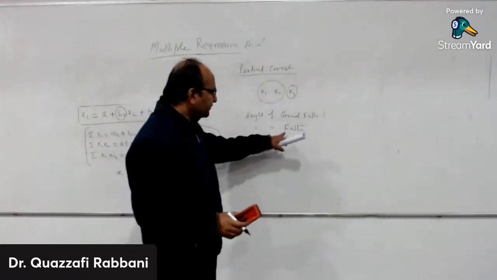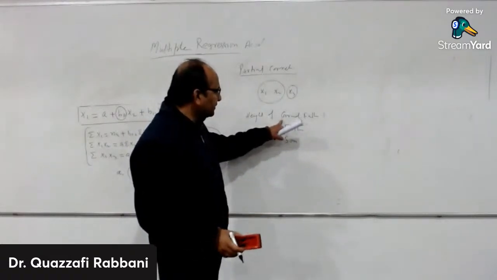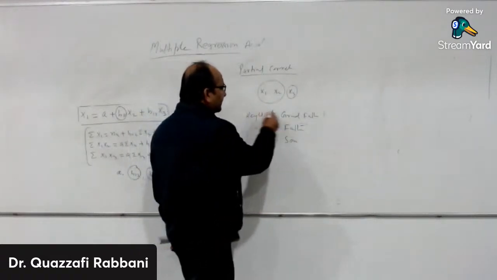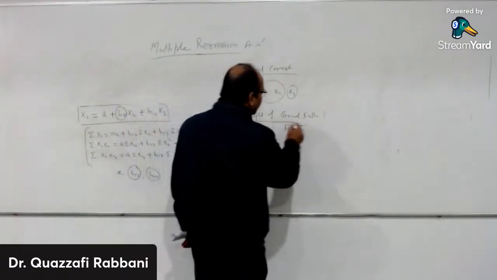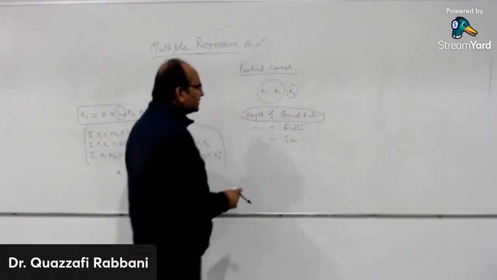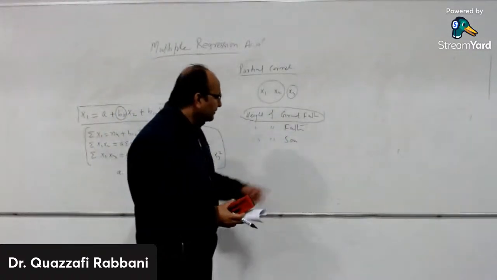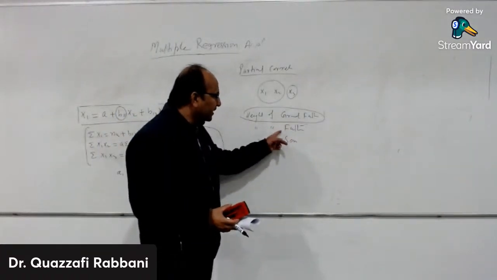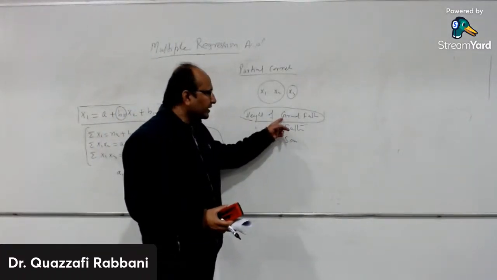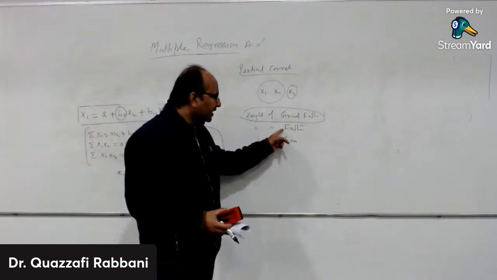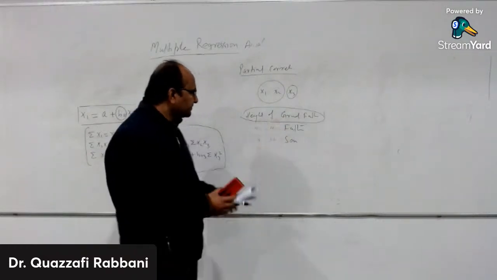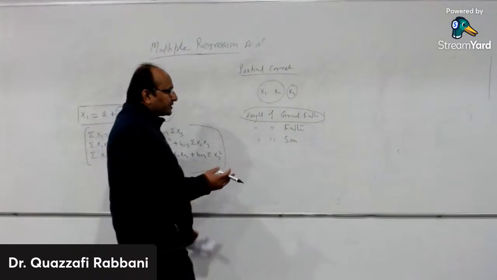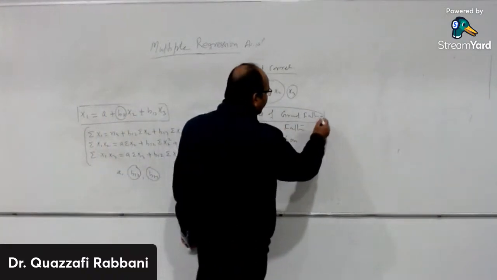But the height of the father also depends on the height of grandfather. So in that case, we fix this variable, because the height of the grandfather affects the height of both father and son. So if you want, you fix the height of grandfather.